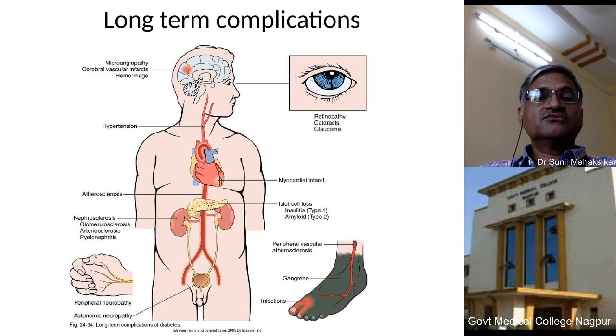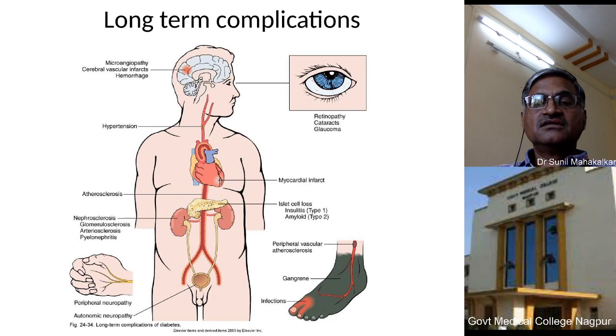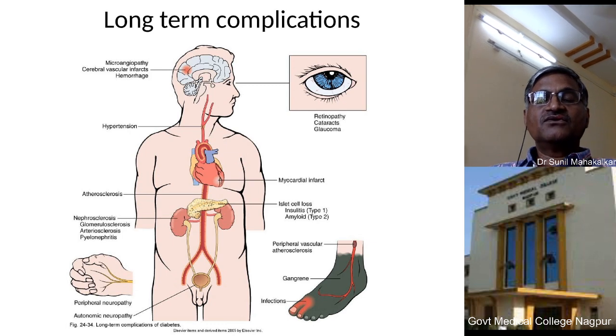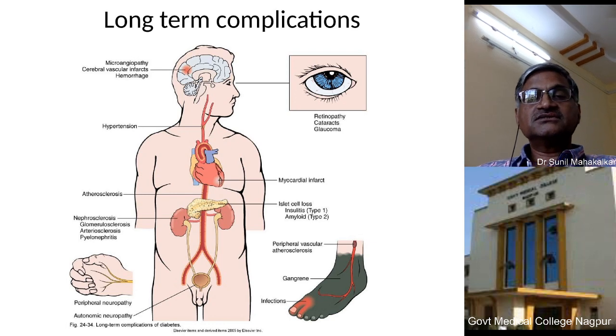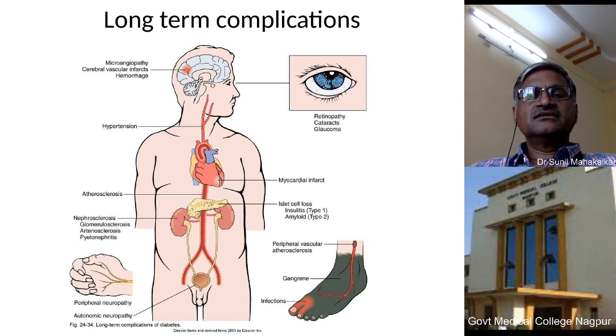Then there can be retinopathy in the eye, hypertension because of diabetes, then atherosclerosis, myocardial infarction, then peripheral vascular diseases which can cause gangrene in the foot, that is diabetic foot, peripheral neuropathy, and autonomic neuropathy which can cause loss of urinary bladder control, etc. So all these are long-term complications of untreated diabetes.